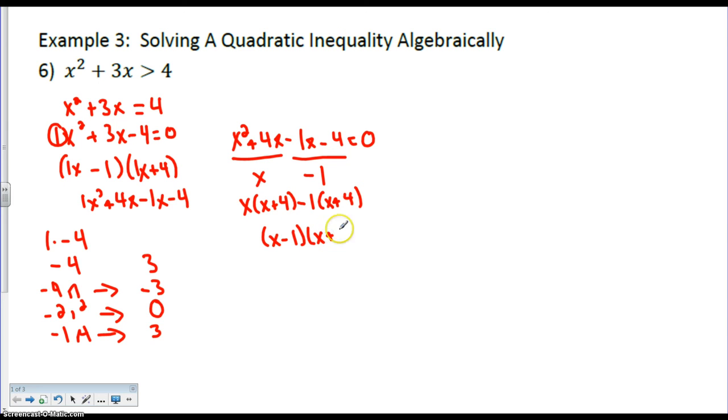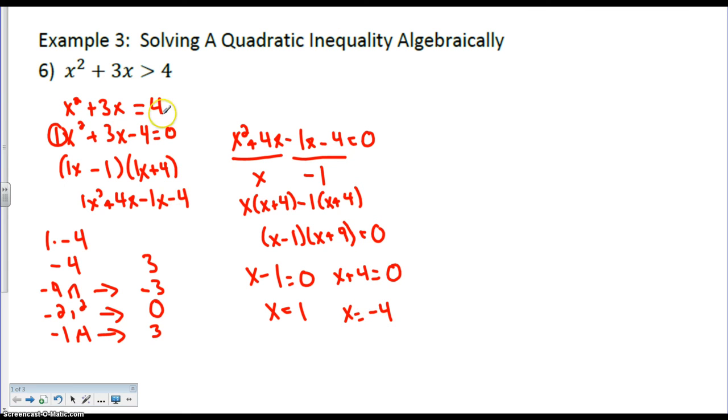Now, no matter what, I want to solve for x. So what I'm going to do is set each of these terms equal to 0. So I have x minus 1 equals 0, so x equals positive 1. And I set x plus 4 equal to 0, and I get x to be negative 4.